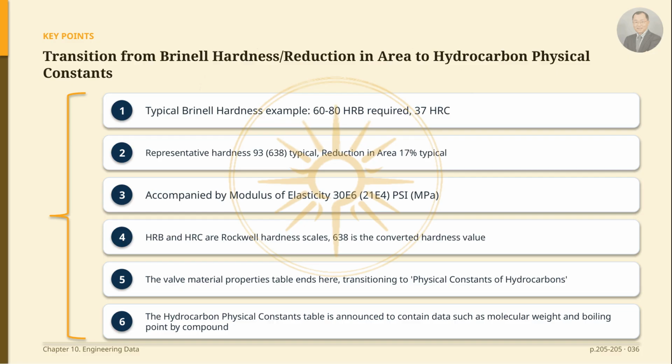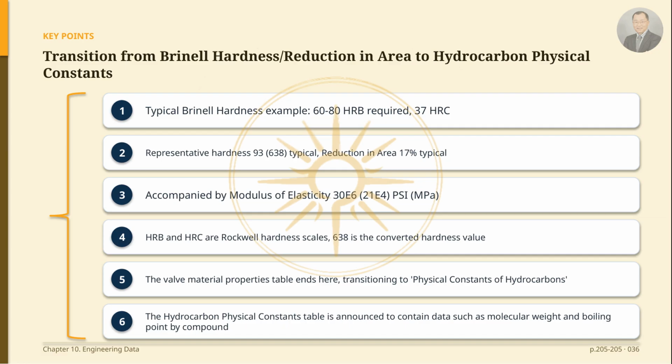This chunk contains hardness-related properties of valve materials and a transition to the next topic. Representative Brinell hardness items include cases where 60 to 80 HRB is required, and 37 HRC is also presented. Additionally, a typical hardness value of 93 with 638 in parentheses is listed along with a reduction of area of approximately 17%, and the modulus of elasticity is shown at the level of 30 million psi, or 210,000 MPa.